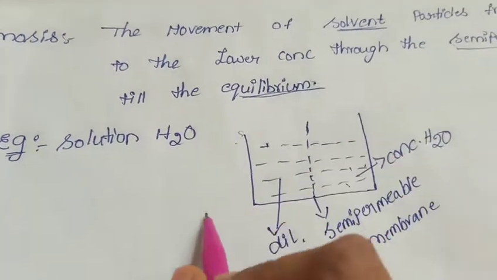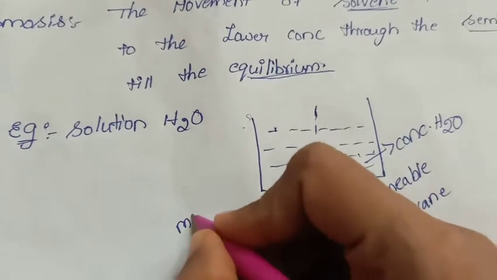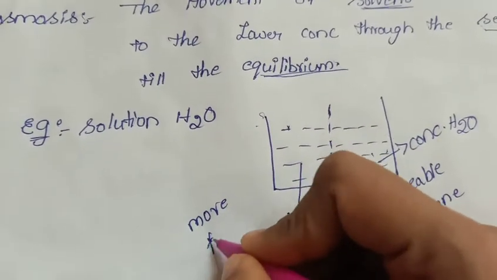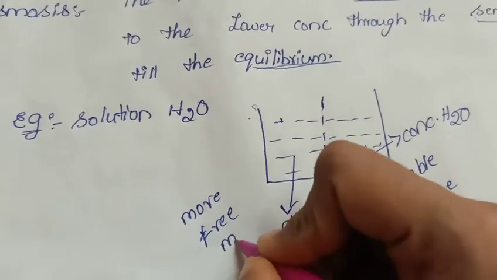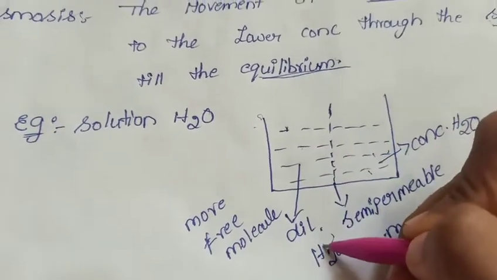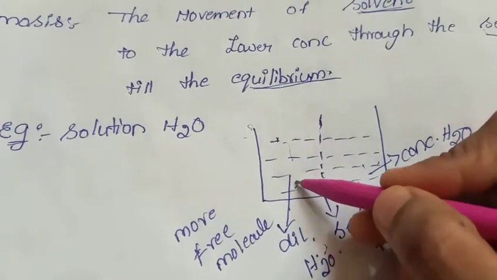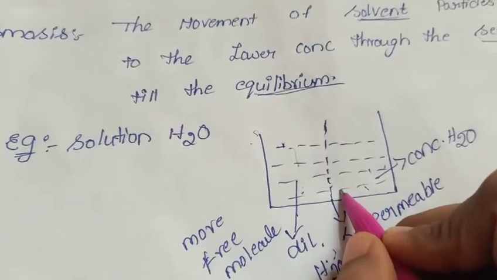We know that the diluted solution of water will have more free water molecules. So the free molecules of this diluted solution will go to the concentrated solution.